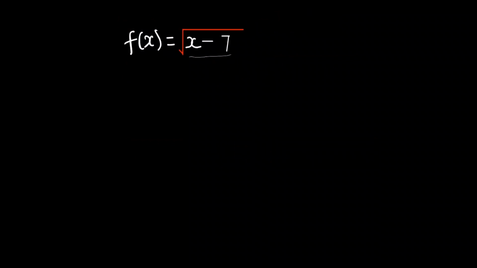So from this question, f of x equals root x minus 7, the domain of the function means the set of all inputs over which the function f of x is defined. This means the set of values in which the expression x minus 7 is not less than 0.